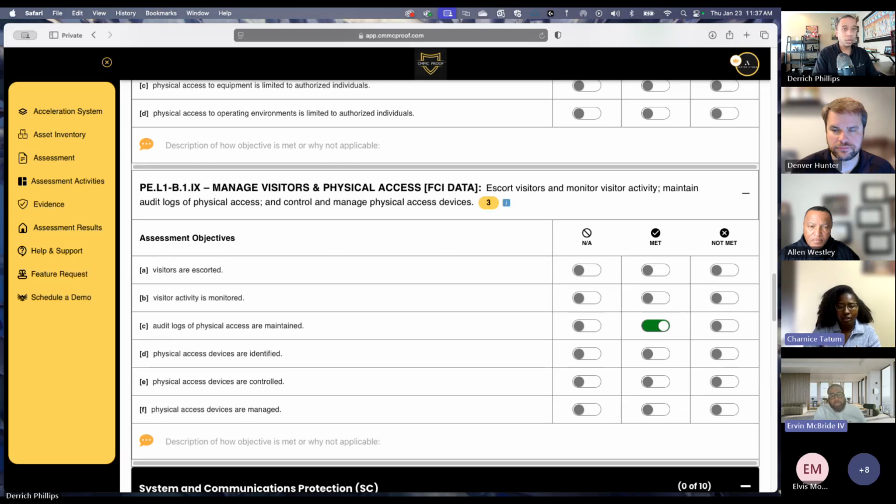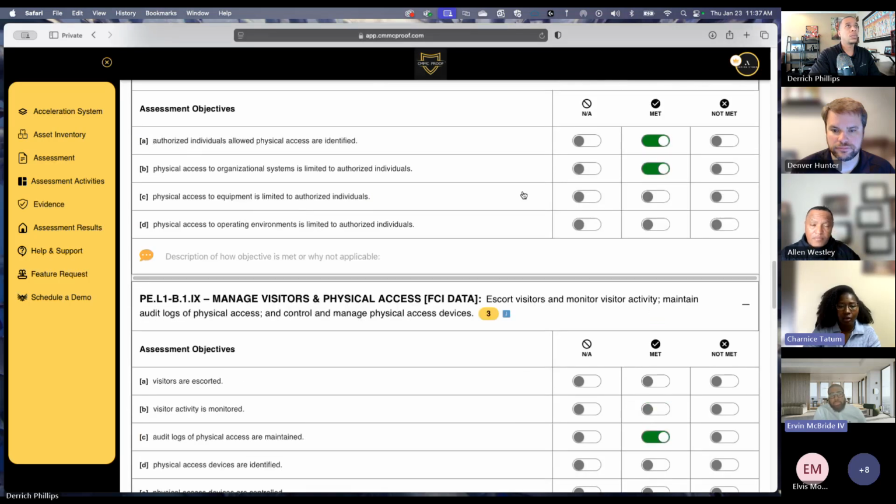When you swipe the badge, the software picks it up and logs it in real time as to who swiped the badge, what time, and where in the facility. And that also goes for the data center as well.